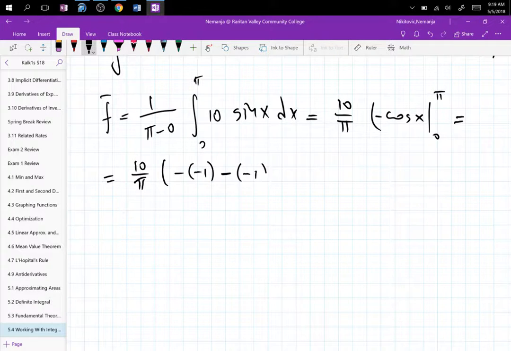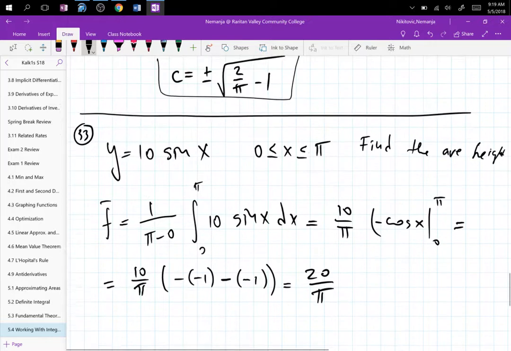That's another negative 1 there. And when you look at all of this, it's 2, so 20 over pi, or whatever units they had. Was it meter or feet? It's a lame problem, they don't even say. Whatever.